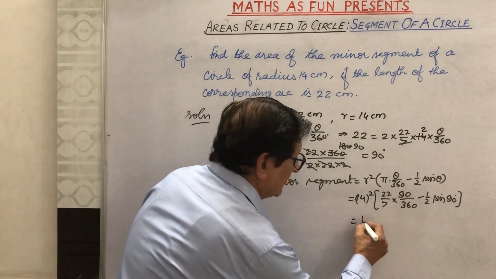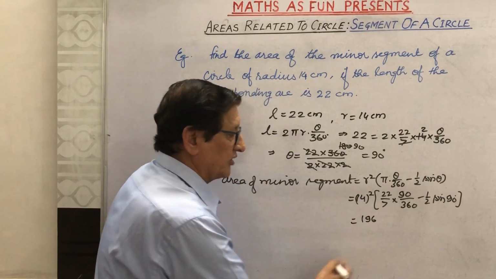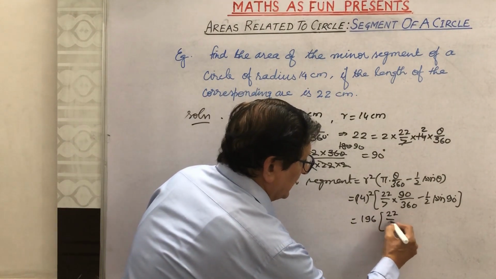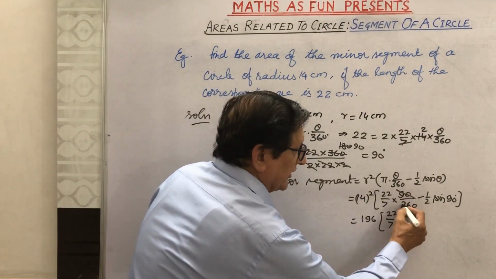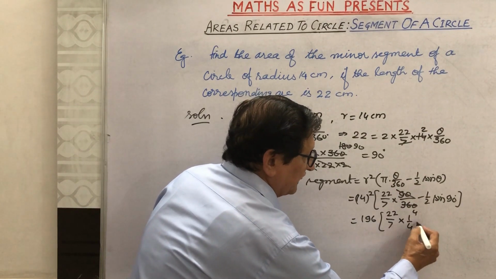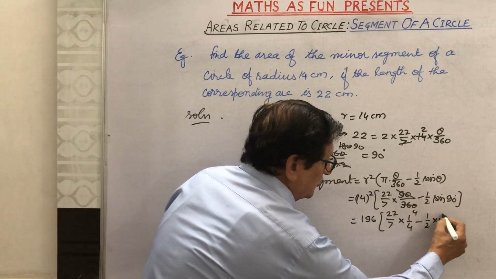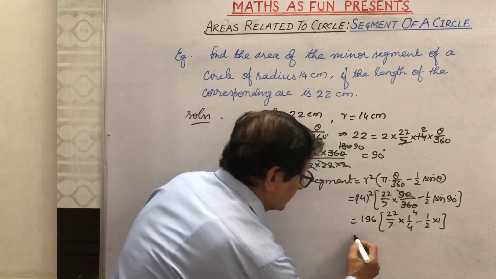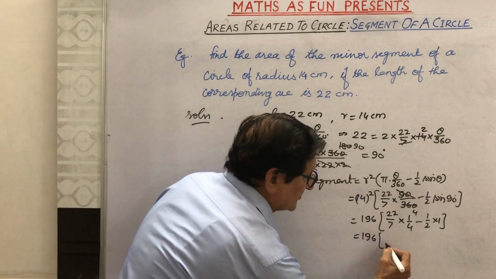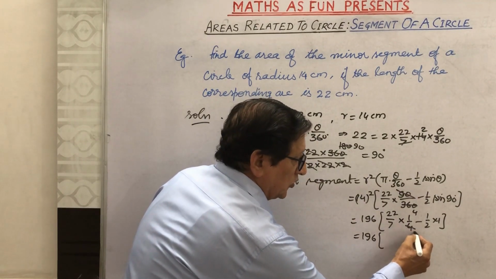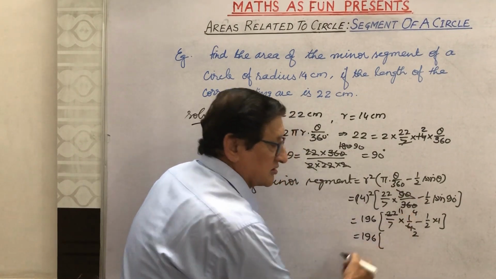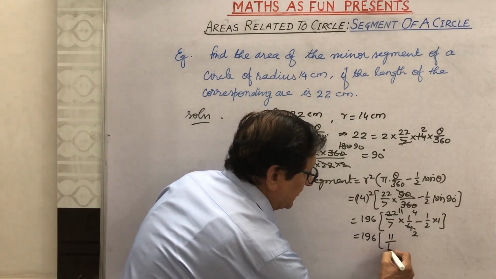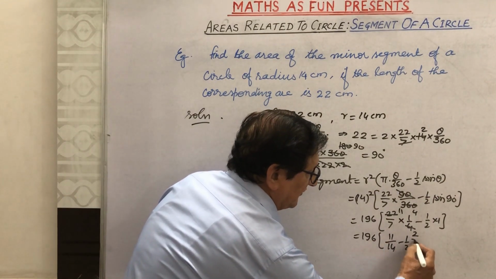Simplifying this, we get 196, square of 14, into 22 by 7 into 90 upon 360, cancel this 4 times, this is 1 by 4, minus 1 by 2 into 1 because sine 90 is 1. Simplifying this, we get 196 into 2 cancels this and this here 11. So this is 11 upon 14 minus 1 by 2.